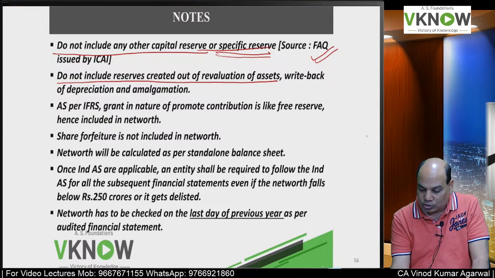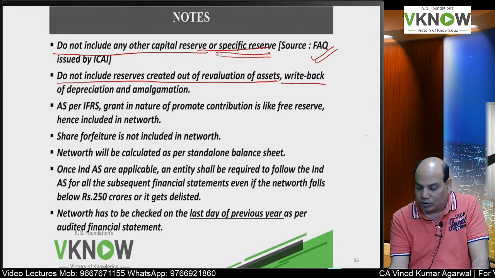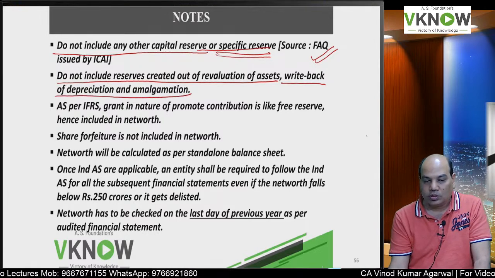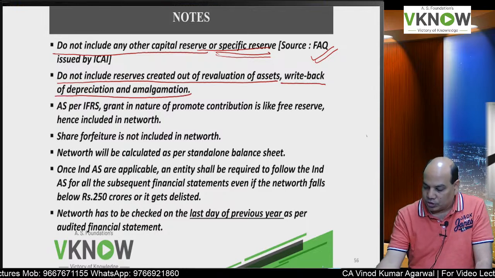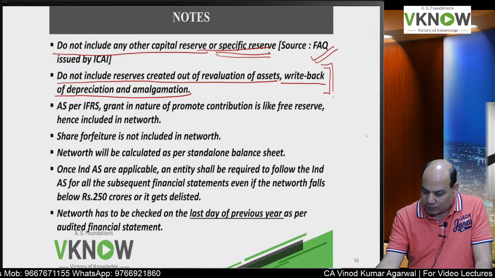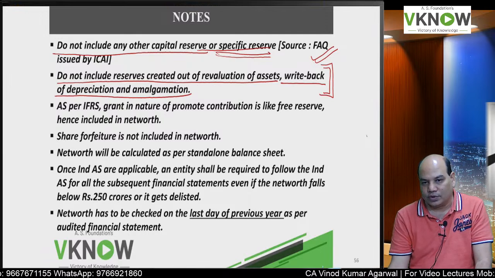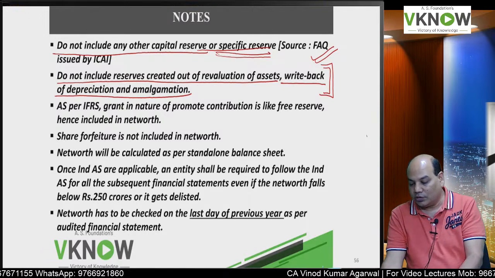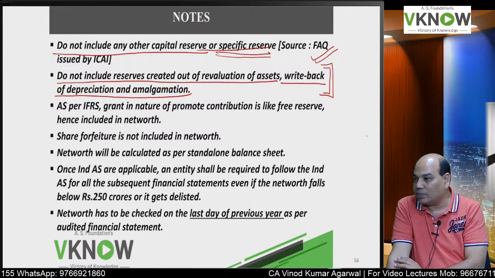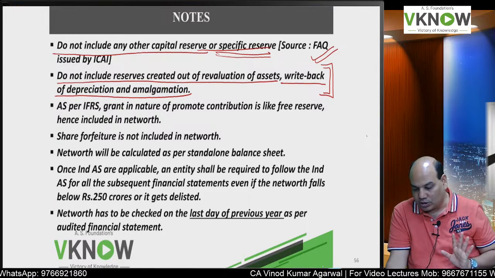Do not include reserve created out of write back of depreciation or amalgamation. So this is mentioned in the applicability rules itself, that revaluation reserve created out of write back of depreciation or amalgamation will not be considered.